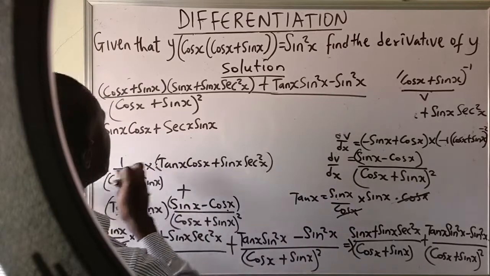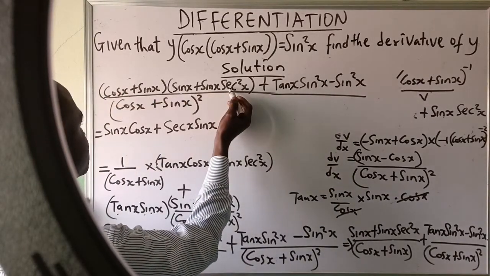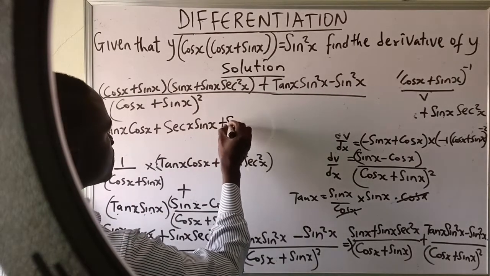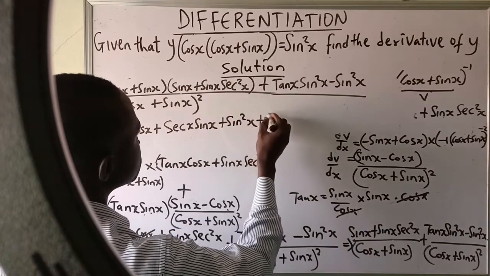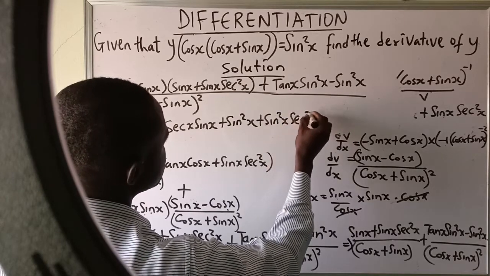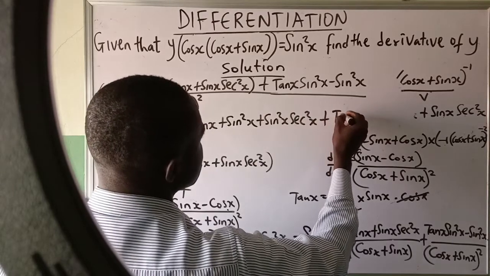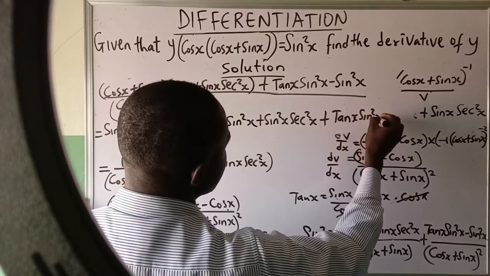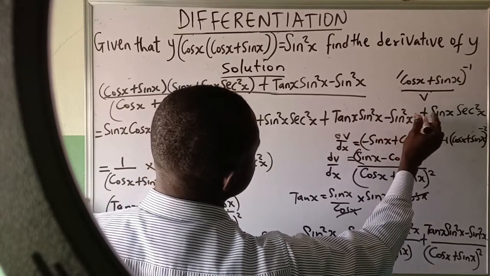We have multiplied this, then we'll multiply this, right? Then this times this plus sin squared x, this times this plus sin squared x sec squared x, then plus tan x sin squared x minus sin squared x.